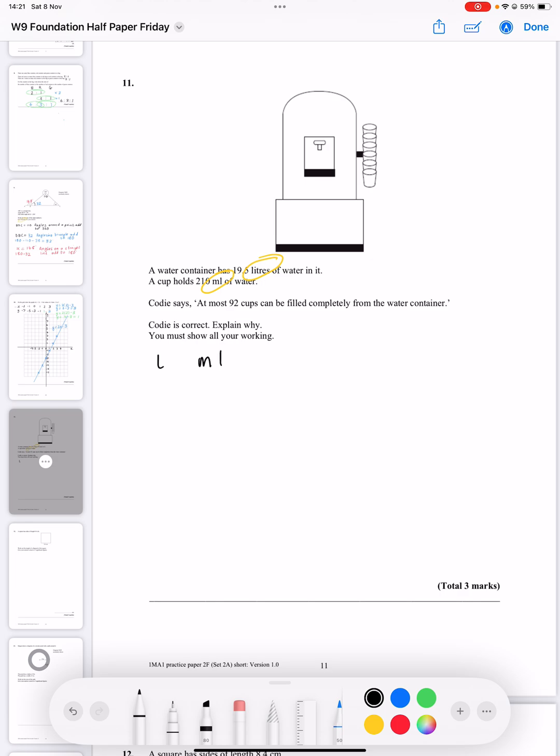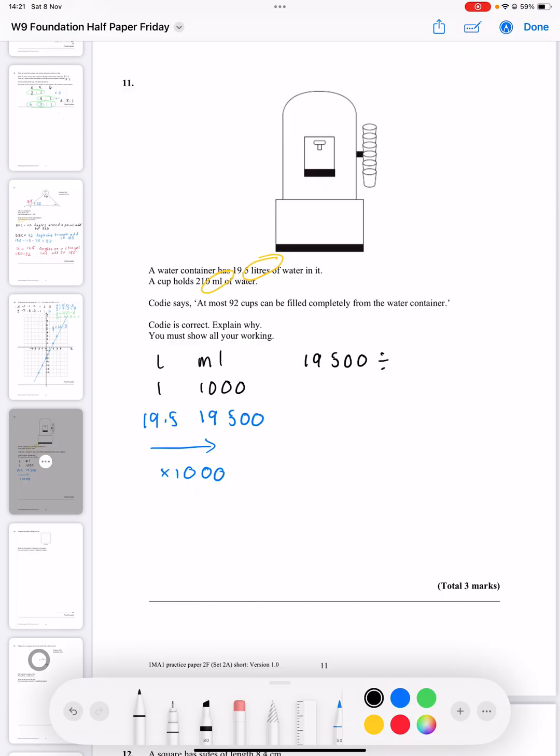Litres and millilitres, 1 litre is 1,000 millilitres. And I'm going to change 19.5 litres into millilitres by multiplying by 1,000. 19,500. Now I need to calculate how many 210s are in 19,500.